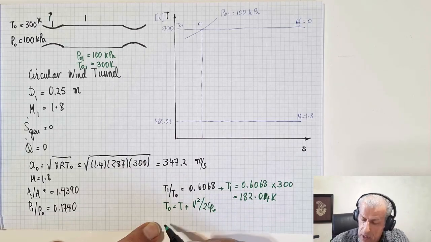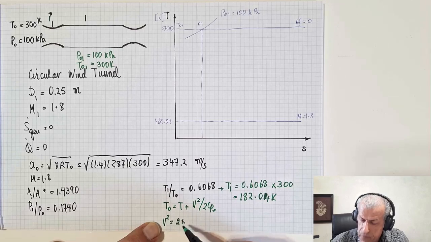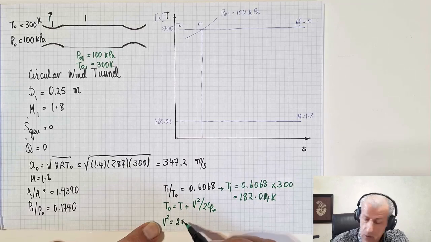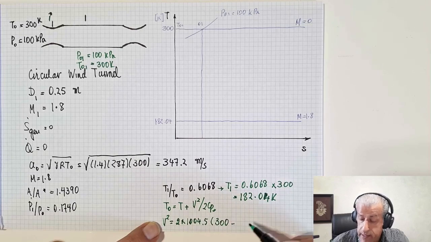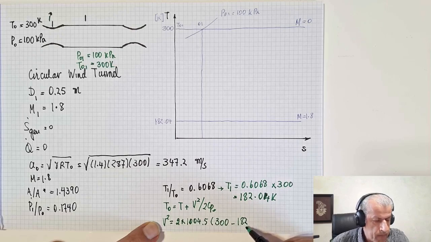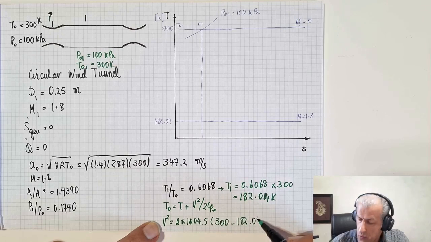From this equation, V squared would be 2 times Cp, which for air is 1004.5, times T0, which was 300, minus T, which is 182.04.